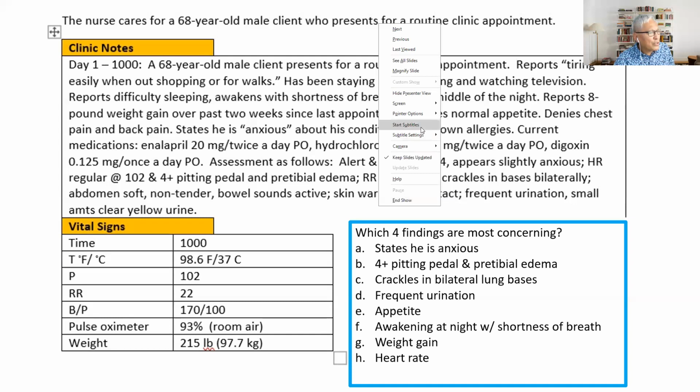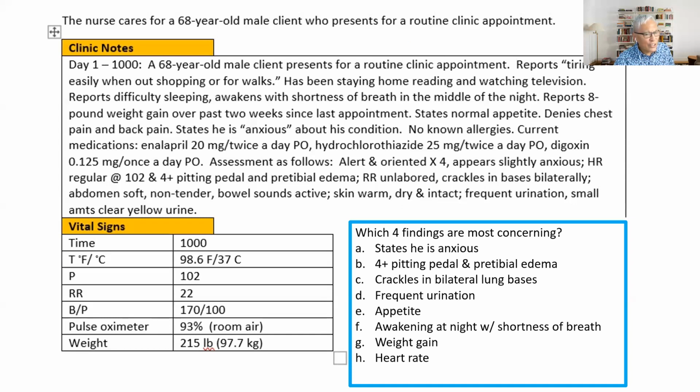Psychological is always going to be last, right? Physiologic is going to be the priority. Are you concerned about the 4+ pitting edema? That's a lot of pitting edema, by the way, right? So I would be concerned about this because it is a 4+ pitting edema.